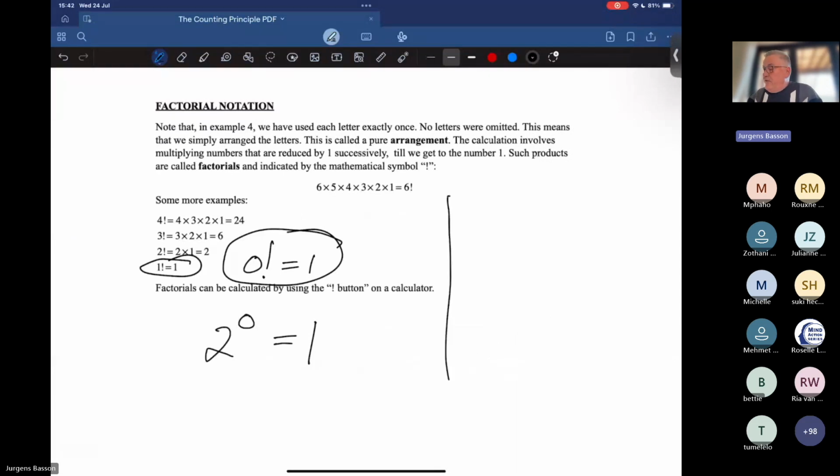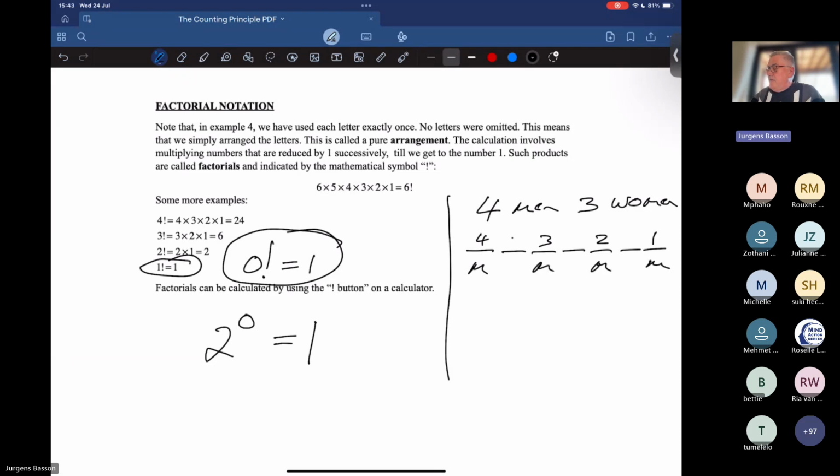And I say we've got 4 men, 3 women, and I want them to alternate. Now, if I alternate 4, 5, 6, 7, then it is 4, 3, 2, 1 for the males, and then 3, 2, 1 for the females.